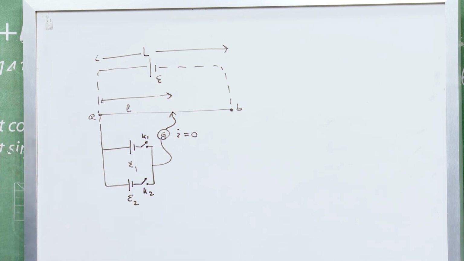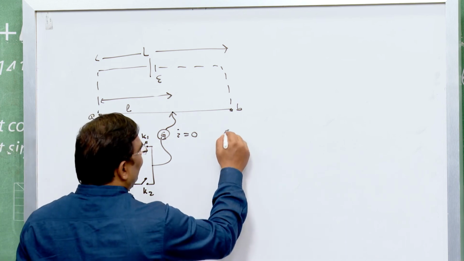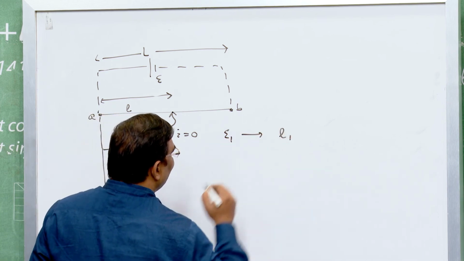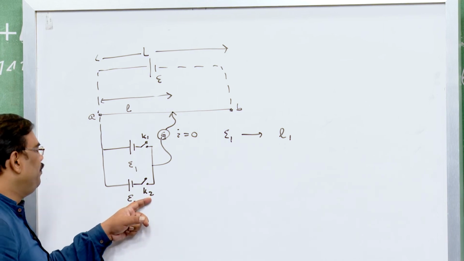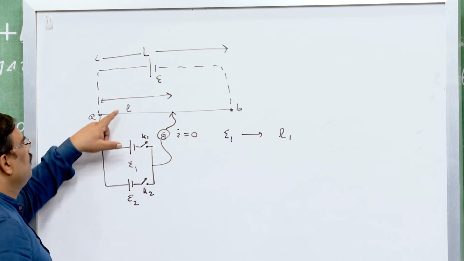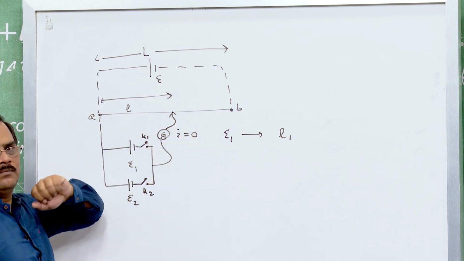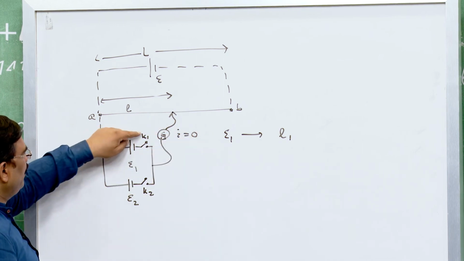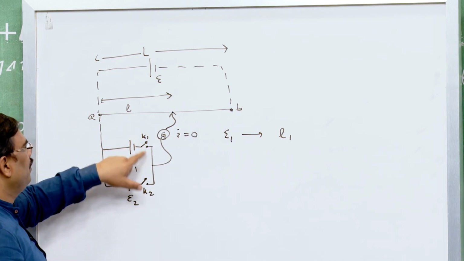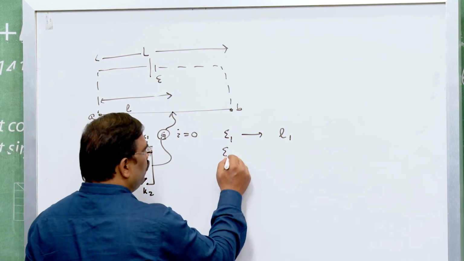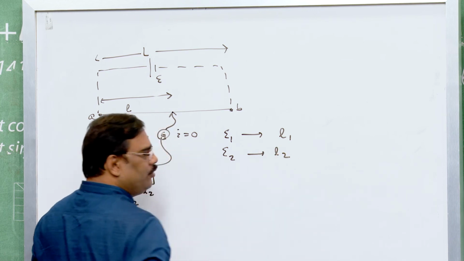Now, suppose the battery E1 is balancing at a length L1 when K2 is open and K1 is closed. Similarly, when K2 is closed and K1 is open, suppose E2 is balanced at L2.